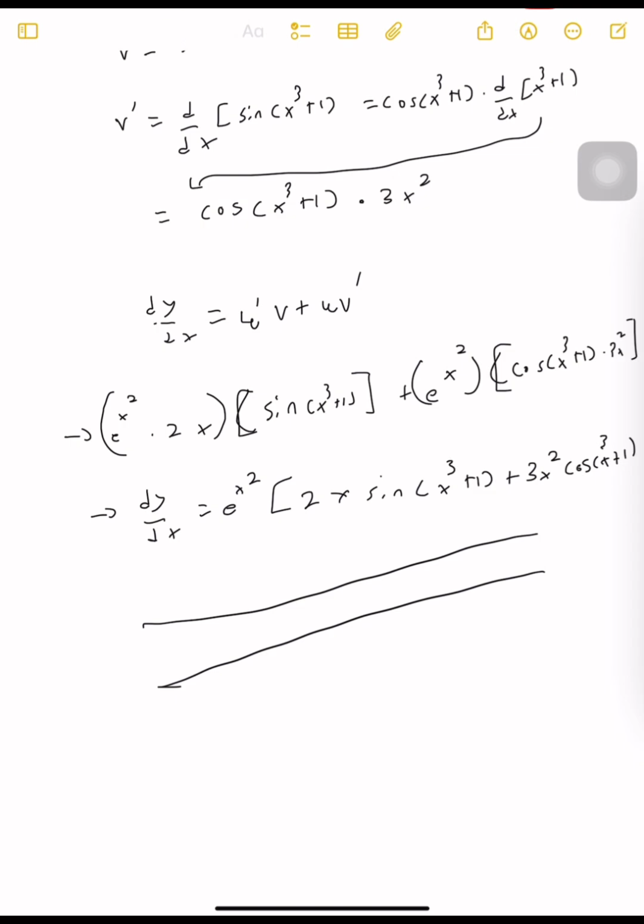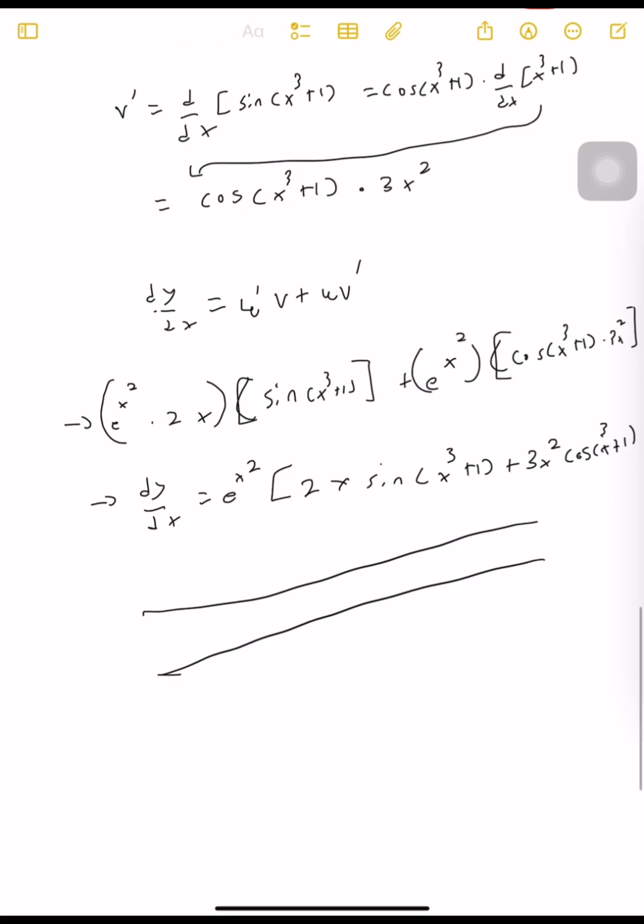So we can factor out e to the power of x squared from both terms, and now the final answer will be dy over dx equals e to the power of x squared [2x sin(x cubed plus 1) plus 3x squared cos(x cubed plus 1)]. So that is all from me.